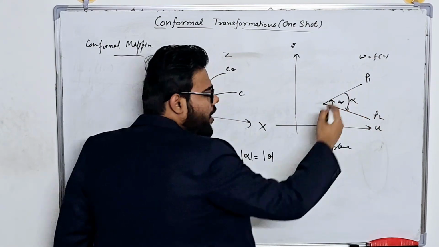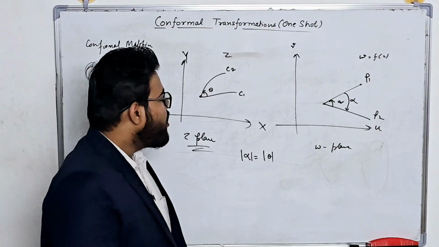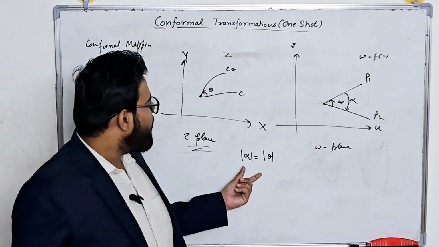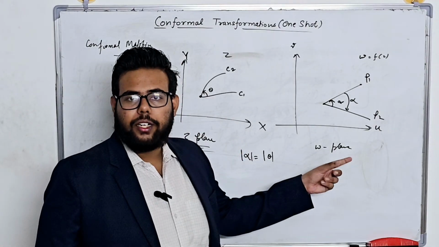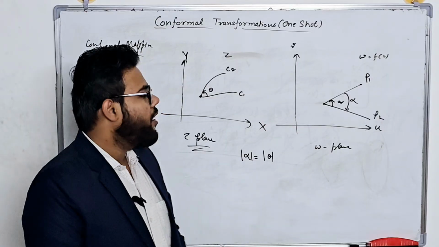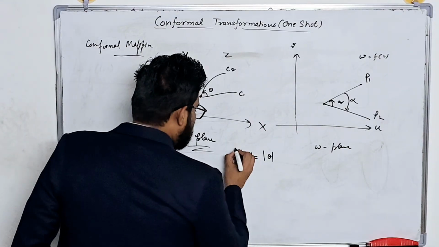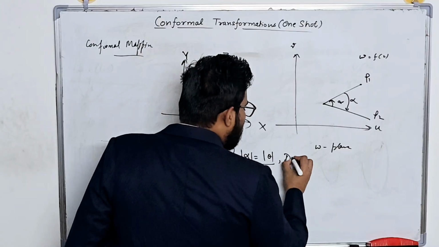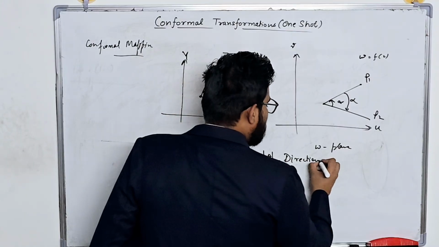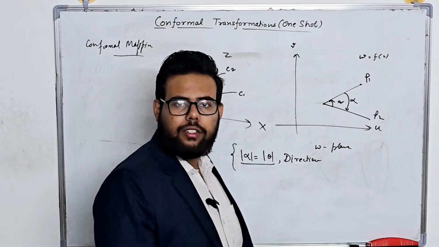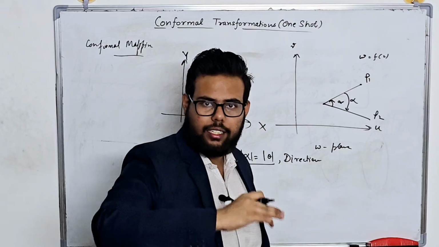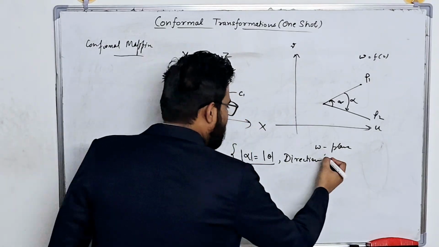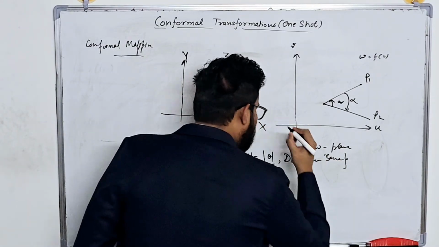It would be clockwise direction, right? So in this case, even if the magnitude is equal but the direction is different, it is not a conformal mapping. So for being conformal, it must have the same magnitude and the direction should also be the same. That is, if it is along anti-clockwise direction, it should be anti-clockwise only, both the angles, right? Direction should be the same, right?